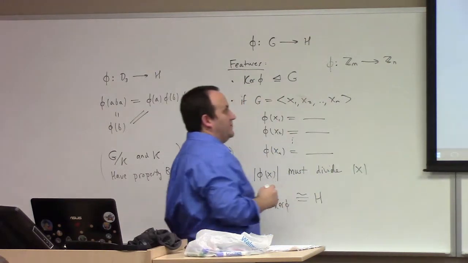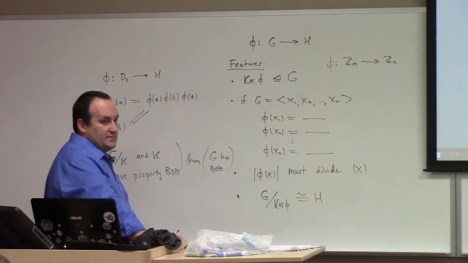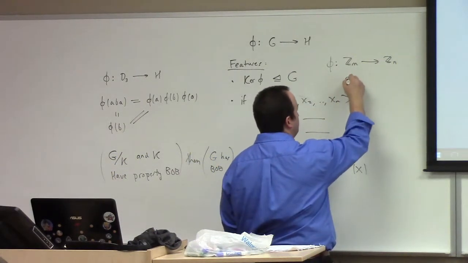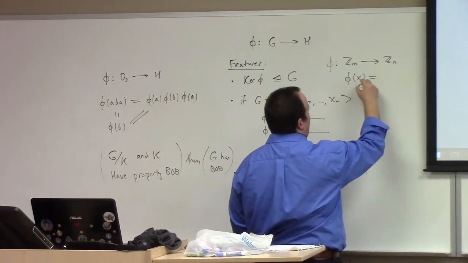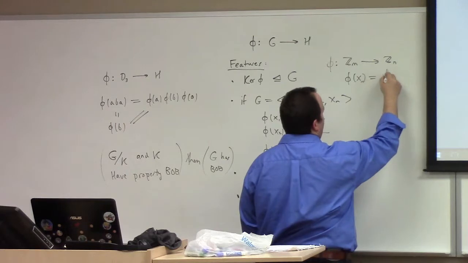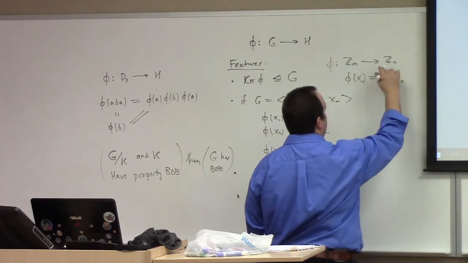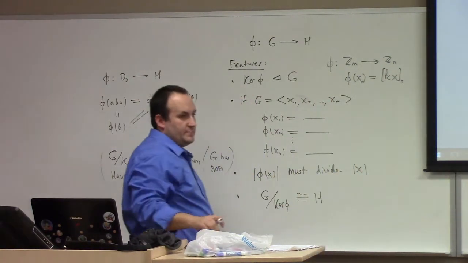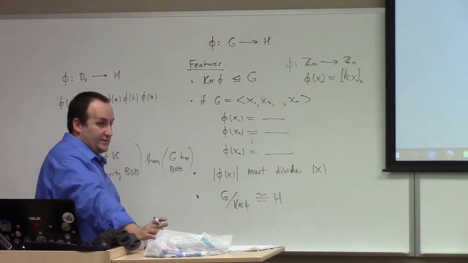There's a homework problem where we work out specifically what the possible homomorphisms are, and they all appear in the form phi of x sub m equals k x sub n. But the m, the n, and the k have to play together nicely in a specific way. I'll let you look at the homework problem.